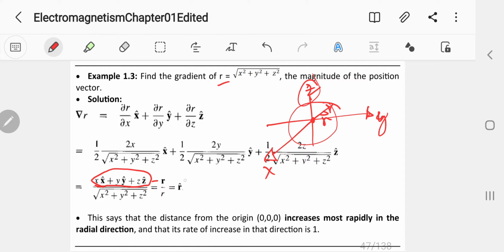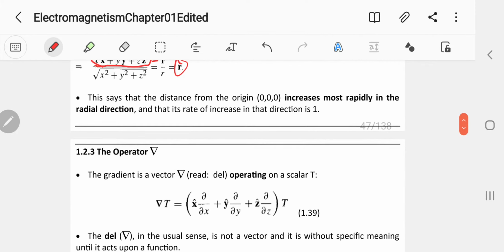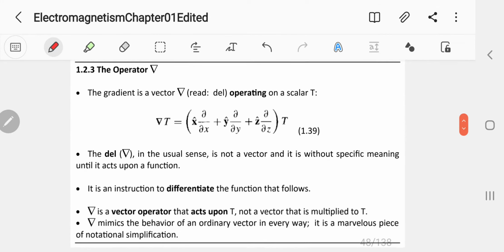So r hat is in the radial direction. So here, this is the radial direction, r hat.